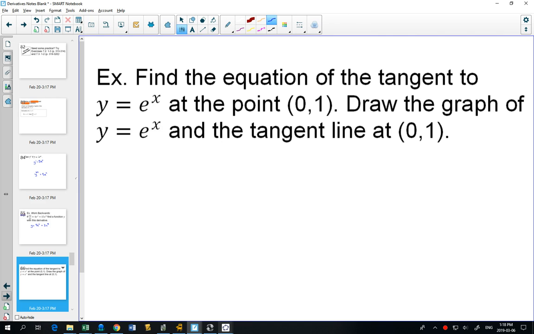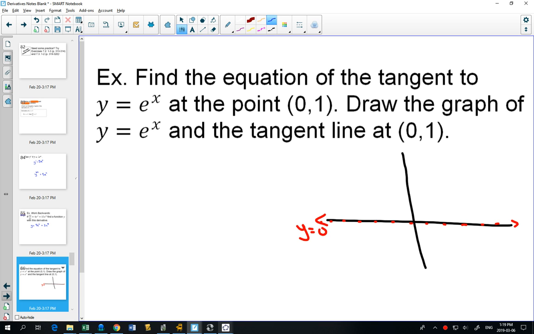Find the equation of the tangent to y equals e to the x at the point 0, 1. Draw the graph and the tangent line so we get a picture. So we have to remember what the graph of e to the x looks like. The graph of e to the x has a horizontal asymptote at y equals 0.